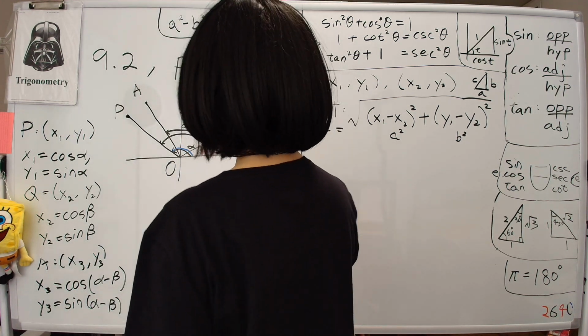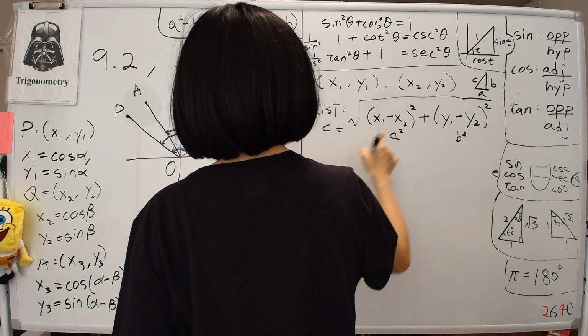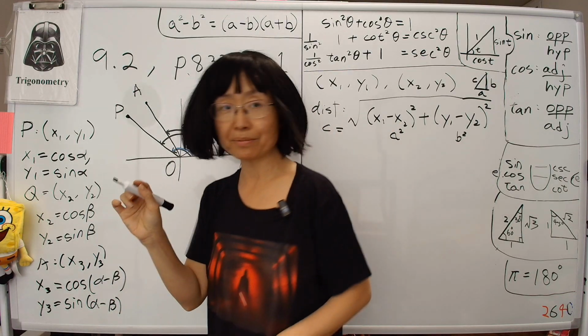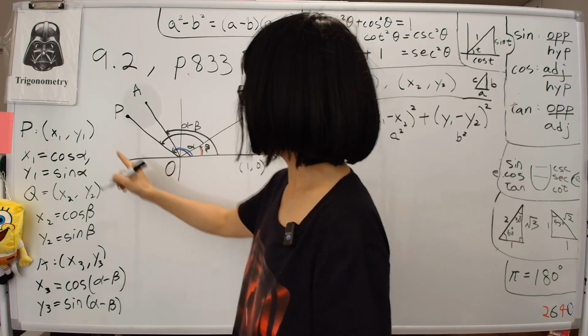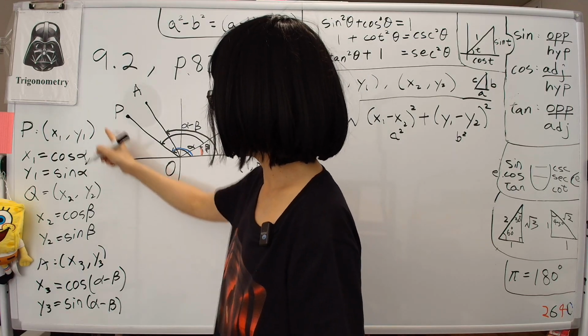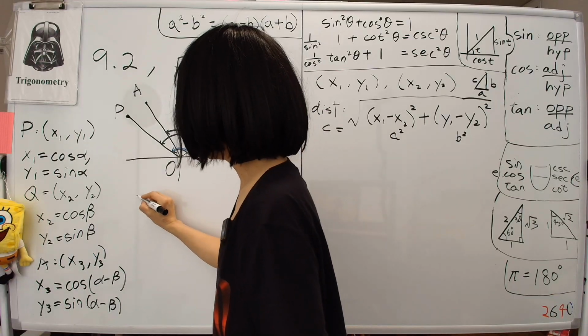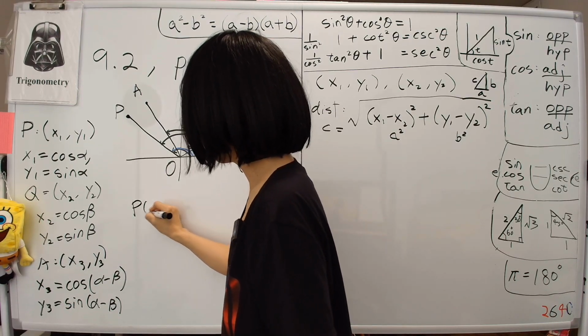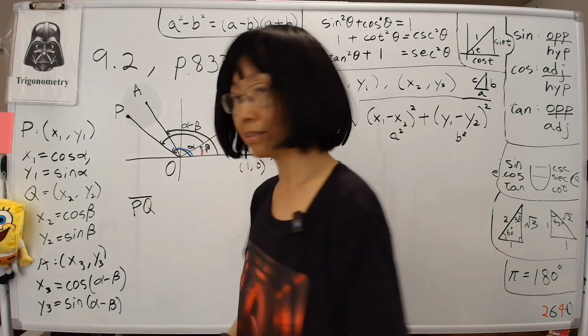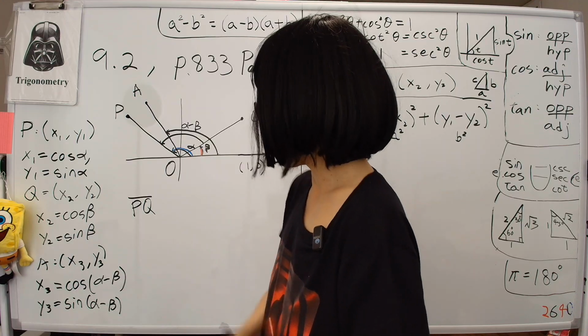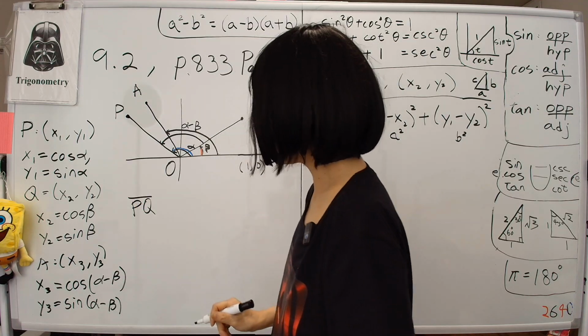To prove it, bearing in mind the distance formula from algebra, we are going to write down the distance between point P and point Q. Following this formula, the distance of PQ, often written with a bar on top. The point is, I'm talking about the distance.